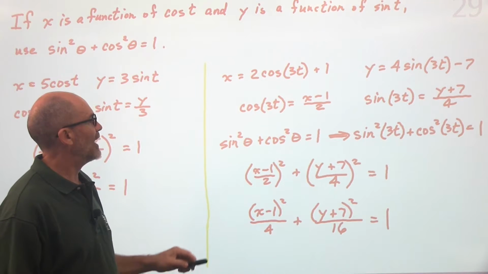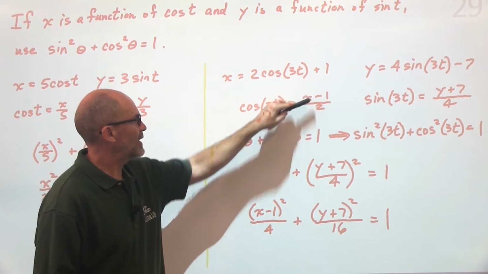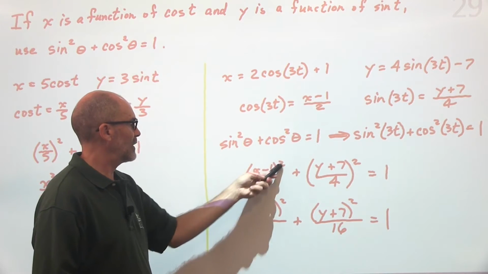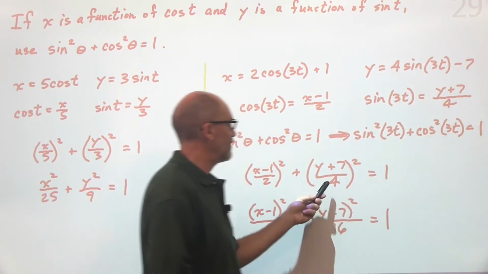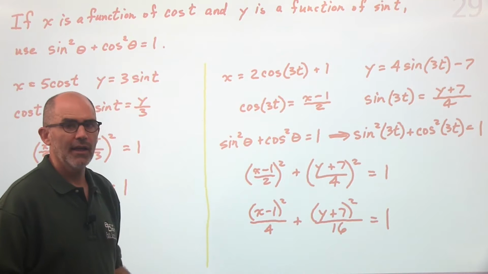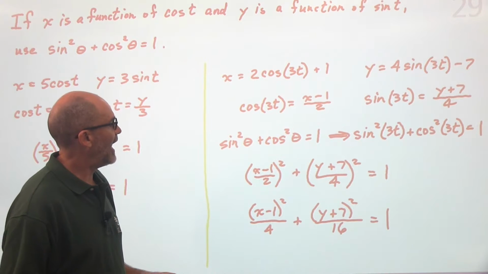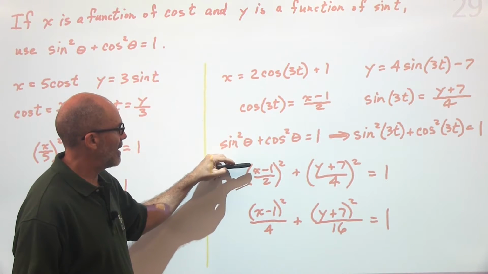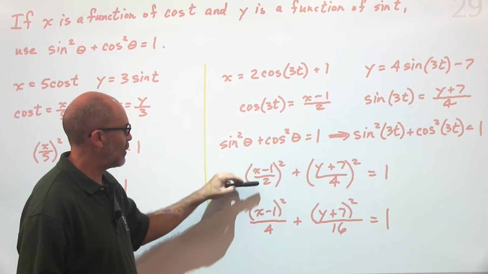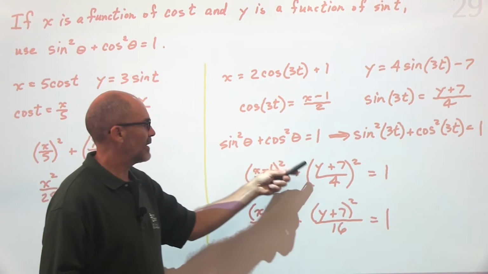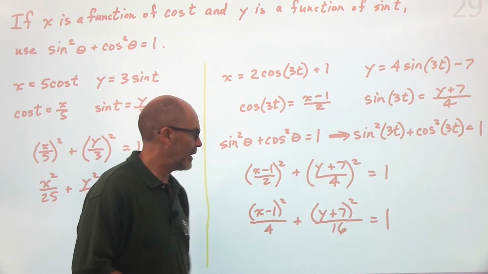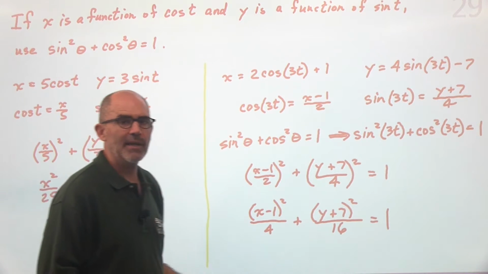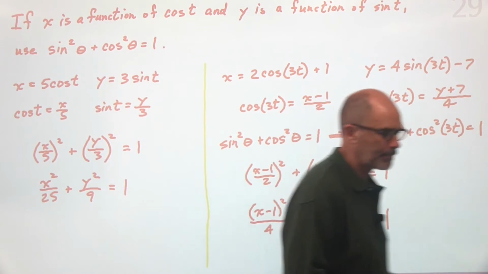So now all I do is say cosine squared, x minus 1 over 2 squared, plus sine squared, y plus 7 over 4 squared, equals 1. And once again, if I want to clean it up, x minus 1 quantity squared over 2 squared plus y plus 7 quantity squared over 4 squared equals 1. And once again, I know that's going to be an ellipse.